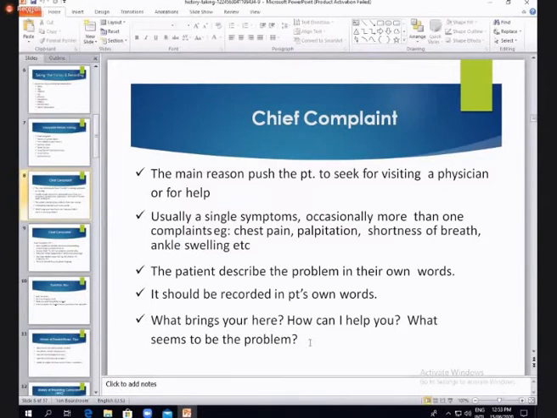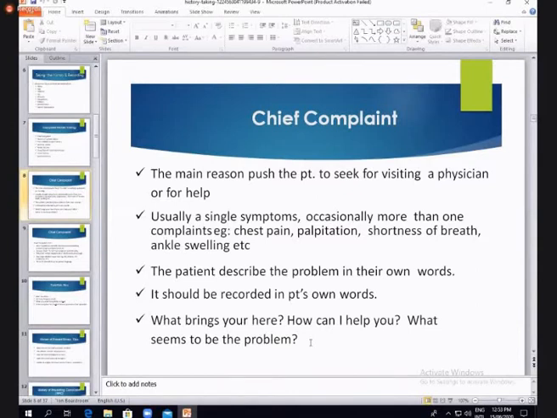The main reason which shook the patient to visit the hospital. You should be very, very relevant and specific while focusing on the chief complaint, because this chief complaint is going to give you your diagnosis.